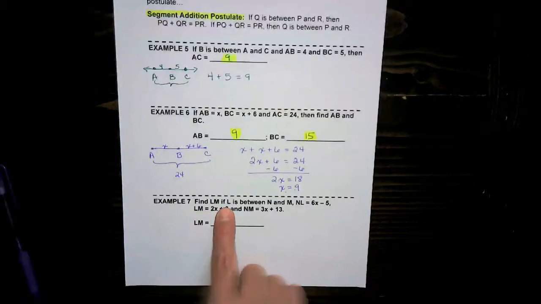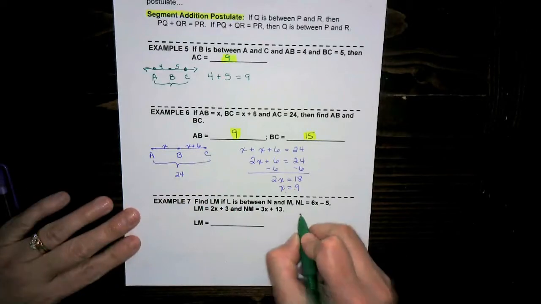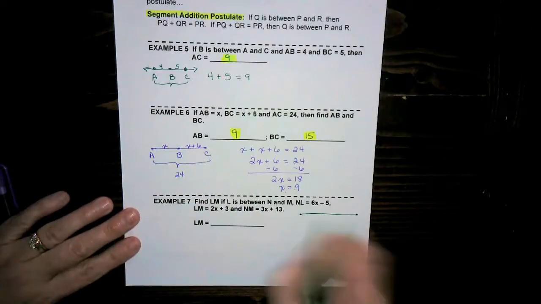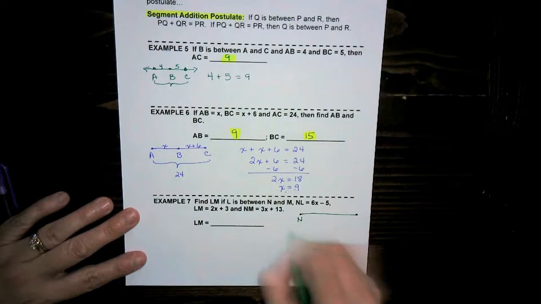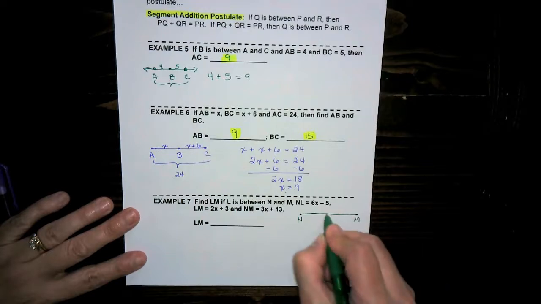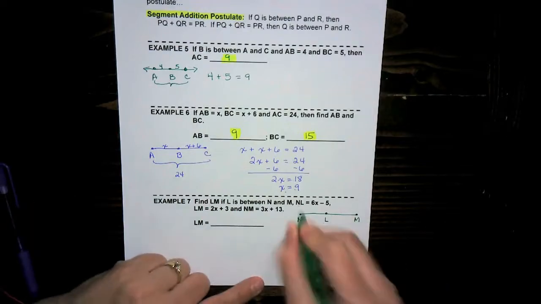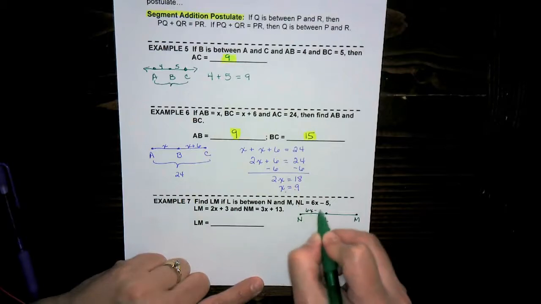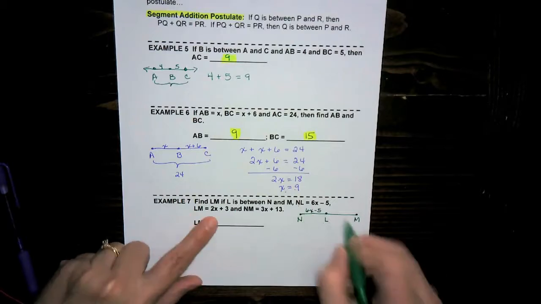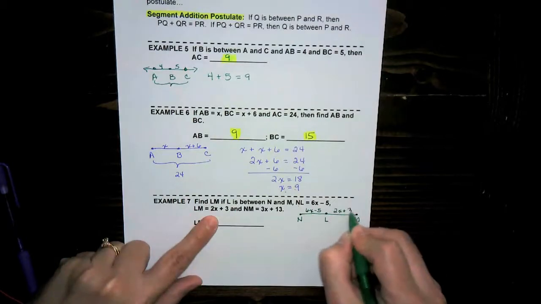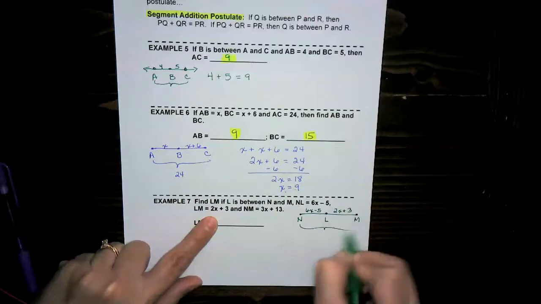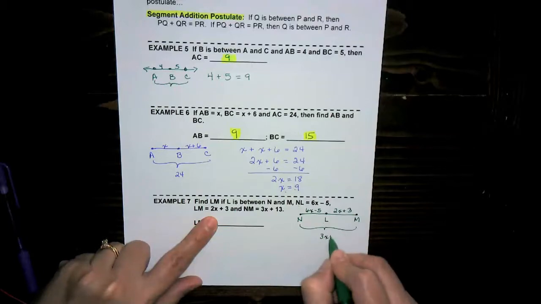If LM, or find LM, if L is between N and M. Okay, so let's draw that. Again, when I draw it, it makes it a little bit easier for myself. I got N and M and L is between. Okay. NL is 6x minus 5, and LM is 2x plus 3, and NM, the whole thing, 3x plus 13.